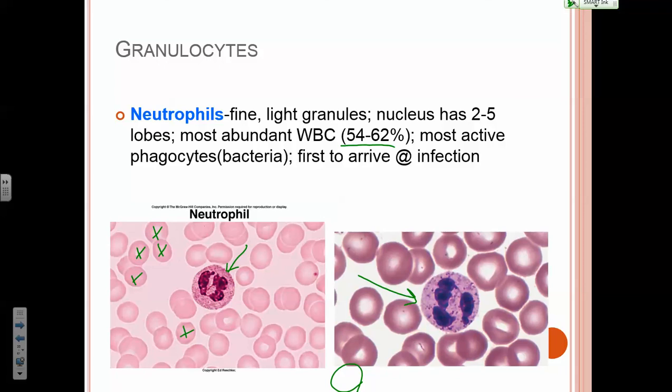So that's how they protect you, is that they act as phagocytes, especially if you have a bacterial infection. So if you're struggling with some type of bacterial infection, your neutrophil count's going to go higher than the 54 to 62%. Okay, because that's an indication that it's bacteria that you're fighting. So they're very, very good phagocytes for you.